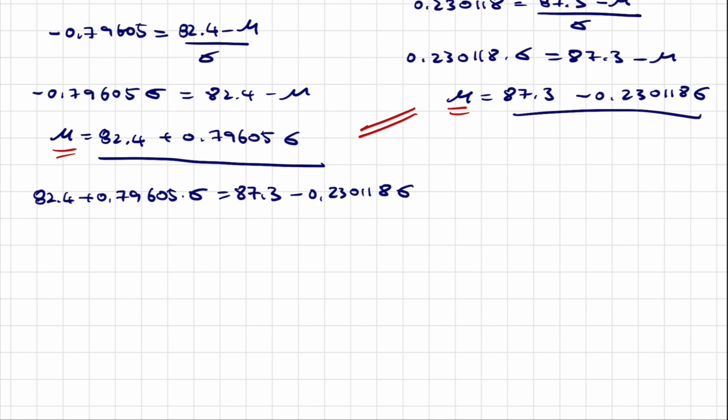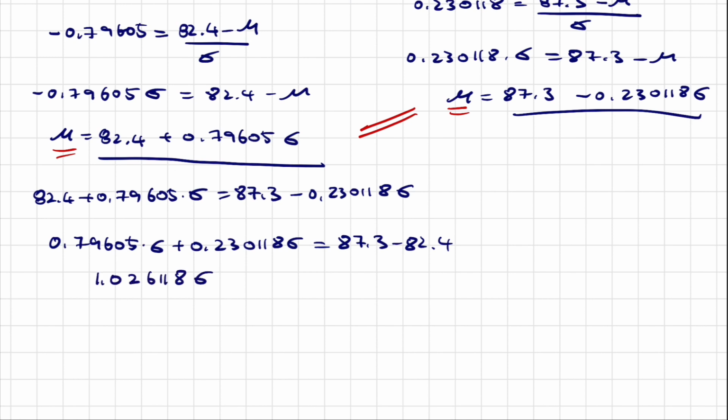Okay, then rearranging this equation will give us 0.79605 standard deviation plus 0.23018 standard deviation equals 87.3 minus 82.4. Then this is equal to 1.026118 standard deviation equals 4.9.